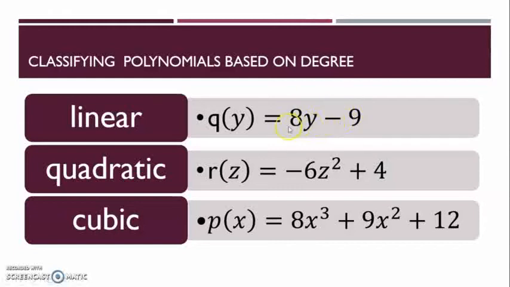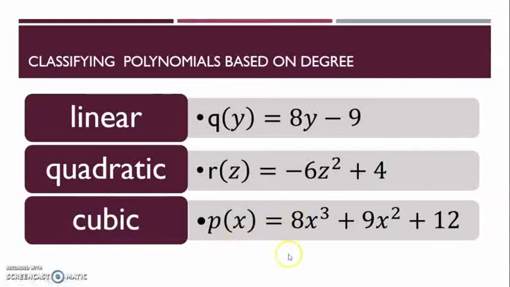So the degree of the polynomial q of y is 1, and such a polynomial is called a linear polynomial. If the polynomial is of degree 2, where the highest power of the variable is 2, such a polynomial is called a quadratic polynomial. And if the degree of the polynomial is 3, then we call it a cubic polynomial.